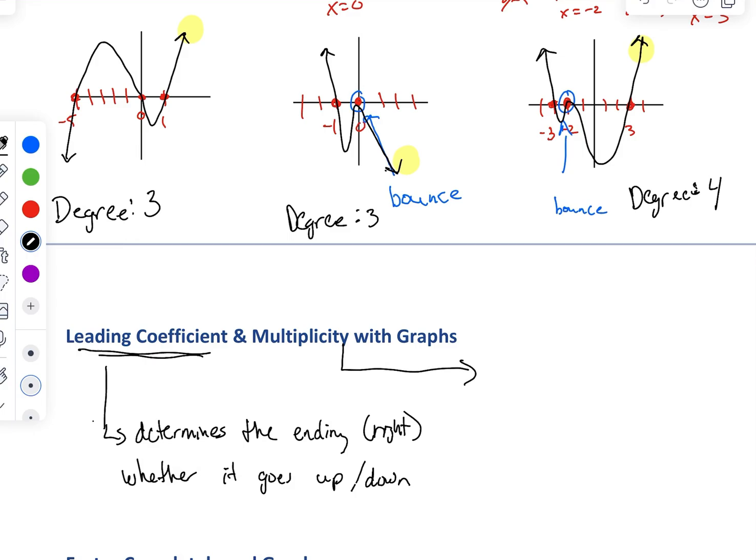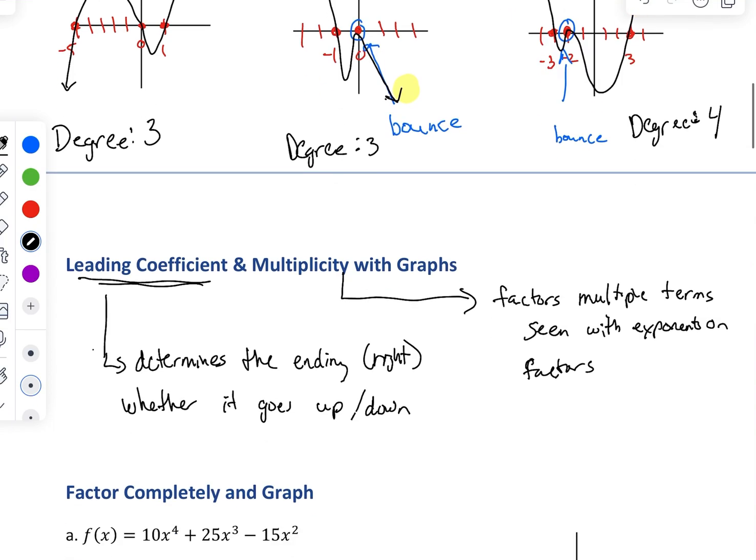Okay, and then our multiplicity, so if we have factors multiple times, so if we have squareds, and we're really looking at an even squared on there, so factors multiple times, seen with exponents on factors. What we're going to see here is a bounce on the graph. So it bounces on the x-axis.